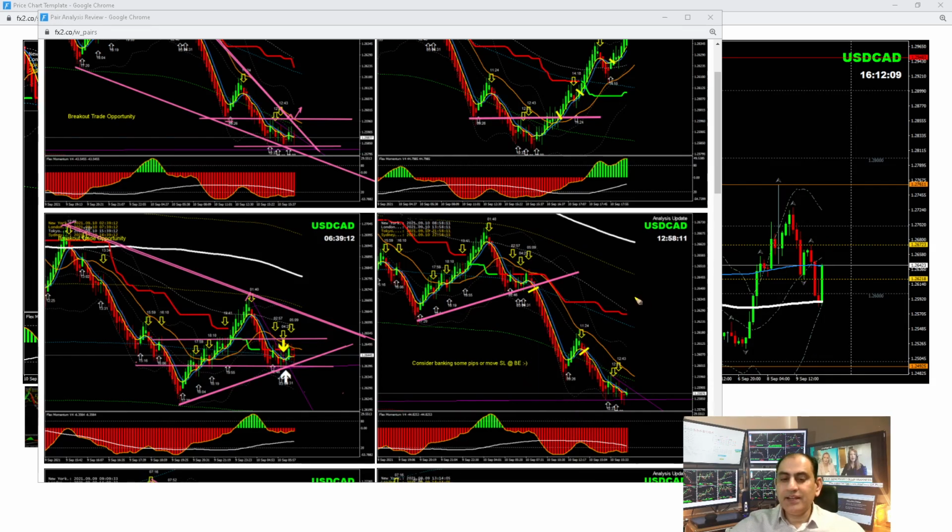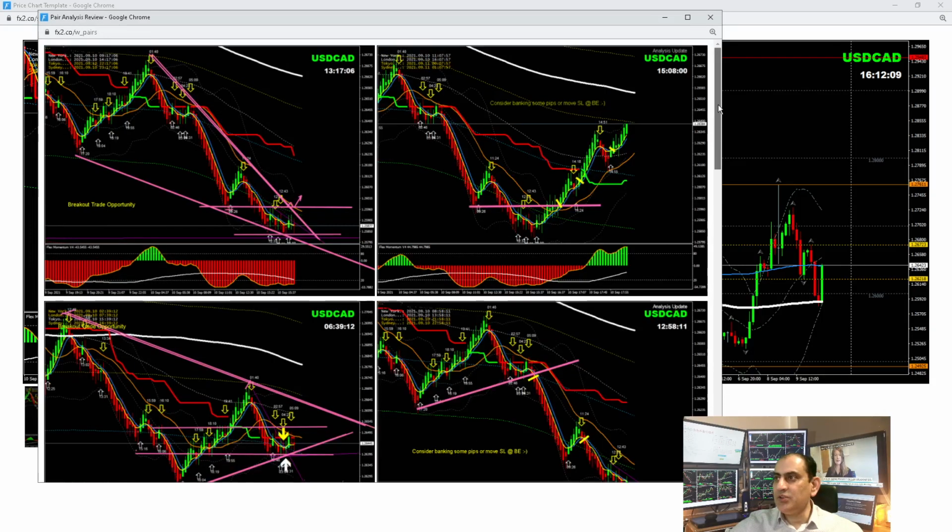Then I did another analysis at the New York session. As you can see here, I explained to my traders the price has broken this previous low, and if the price stays below, we're going to keep taking short trades here. If the price breaks above, we're going to take a long trade here, because the price was at the major support level.